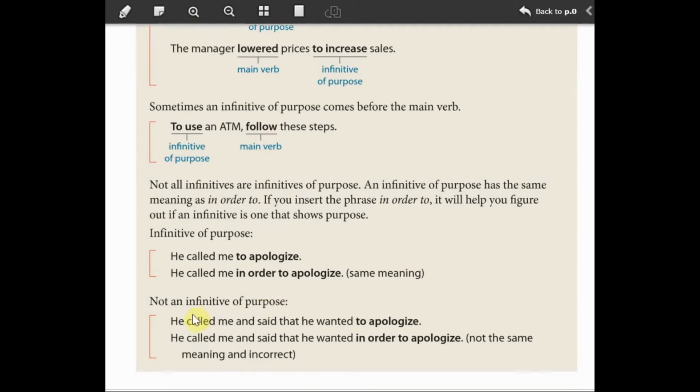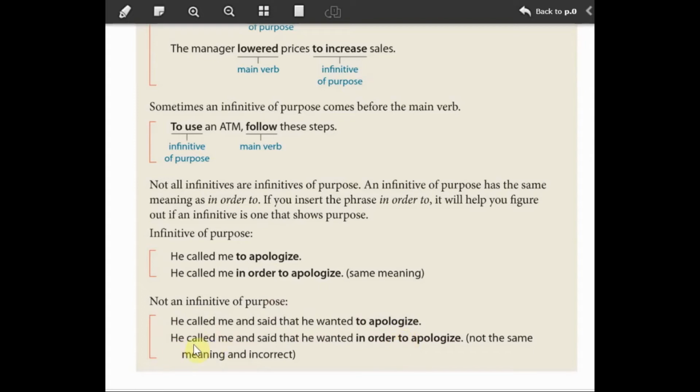Now we have another situation, and that is when it is an infinitive, but not of purpose. For example, we have the sentence here, he called me and said that he wanted to apologize. This is, with no doubt, an infinitive because it has to plus base form. However, when we add in order to, we find there's a change.